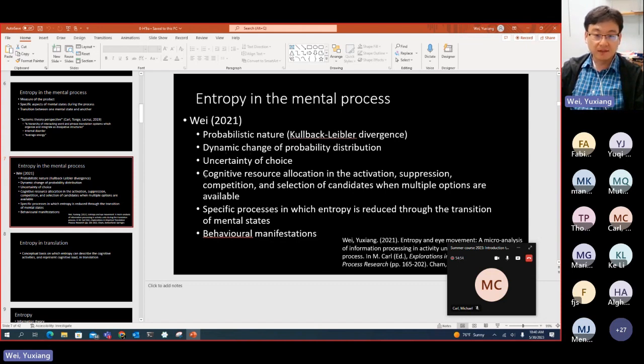It analyzes the cognitive resource allocation in the activation, suppression, competition, and selection of candidates when multiple options are available, and also the specific processes in which the entropy in the mind is reduced through the transition of mental states.